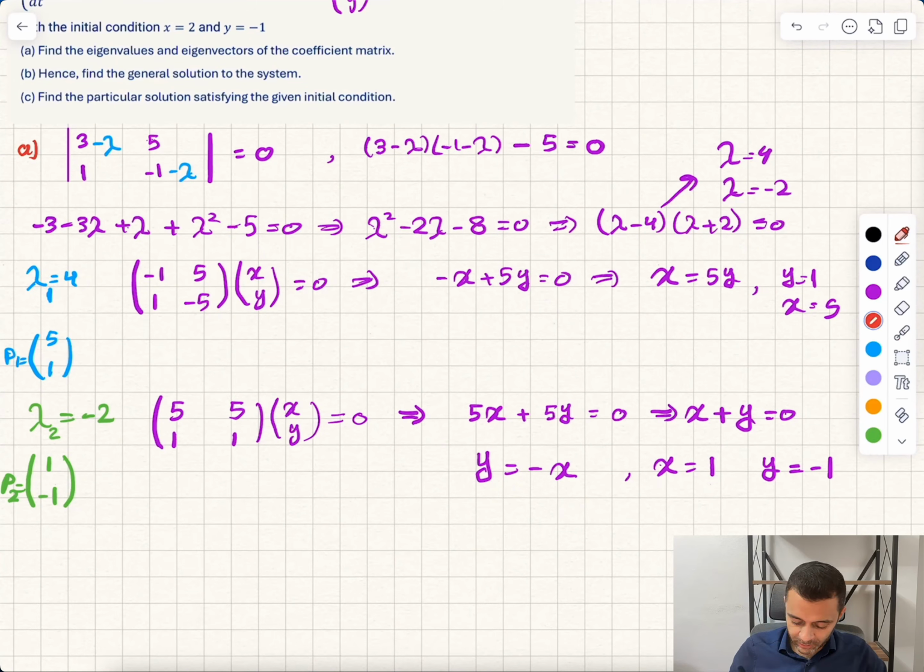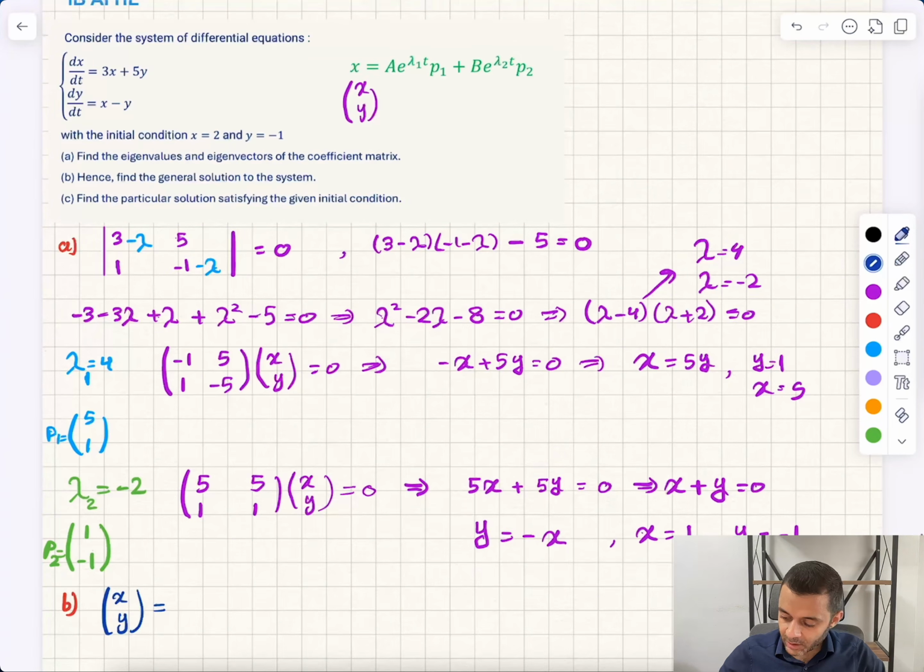So now for question B, we will write it like this. x, y equals here, as you see, first we have constant a.